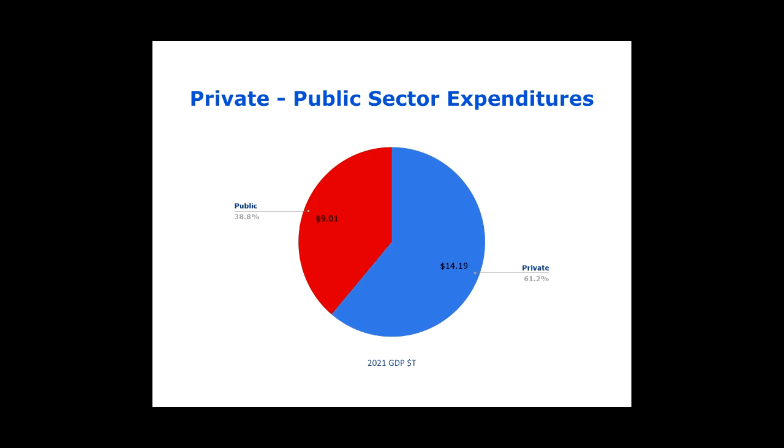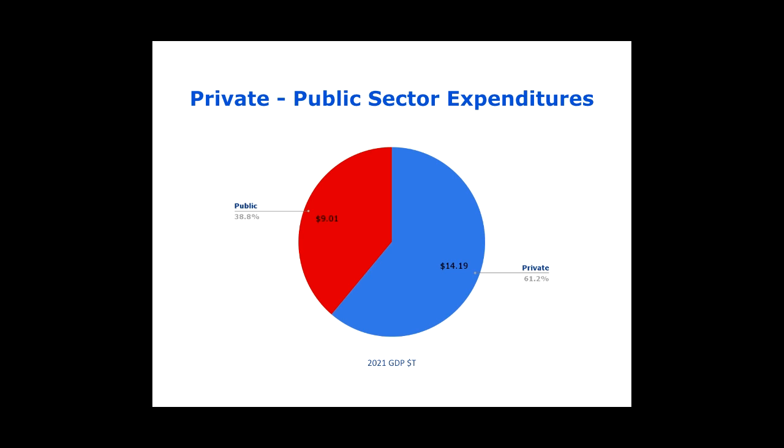So one of the interesting things to look at in our economy is how much of the money is spent in the private sector and how much is spent in the public sector. If you take the amount of money being spent by the state and local governments and the federal government, add it up and divide it by the GDP, we're spending about 40% of our money in the public sector, and about 60% in the private sector.